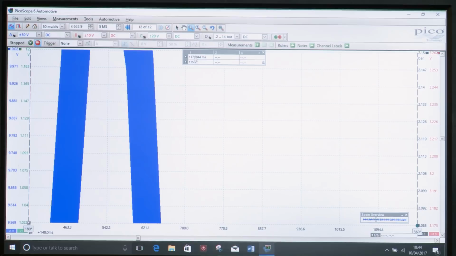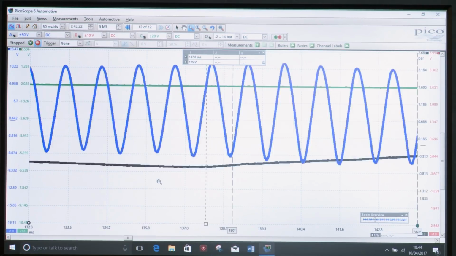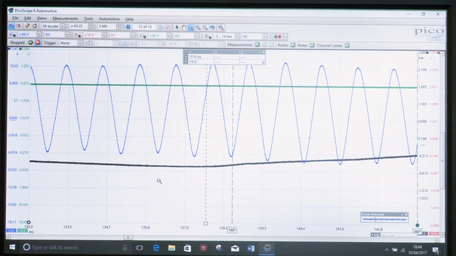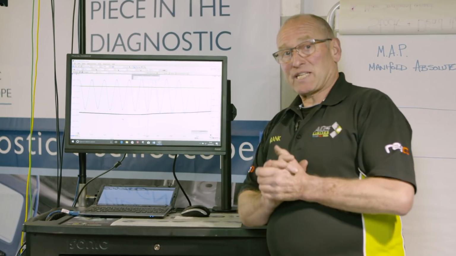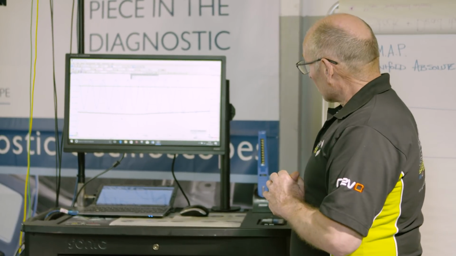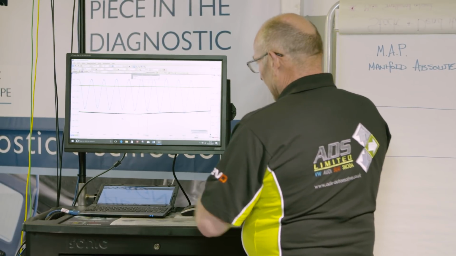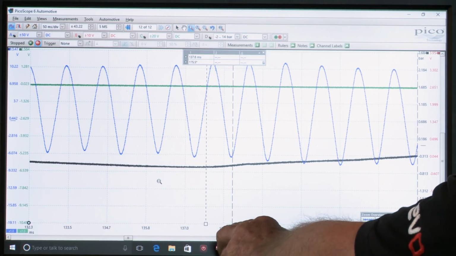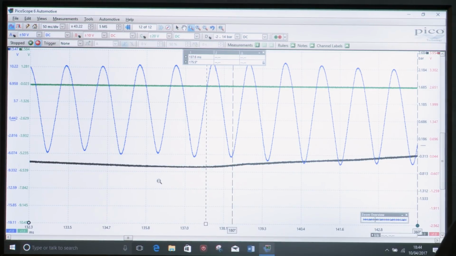I beg your pardon, I've gone too far. I also have done some homework and worked out how many of these events there are per rotation. There are 60, so I reckon each of these events represents 6 degrees. So from this, we know TDC is here, and each of those is 6 degrees.